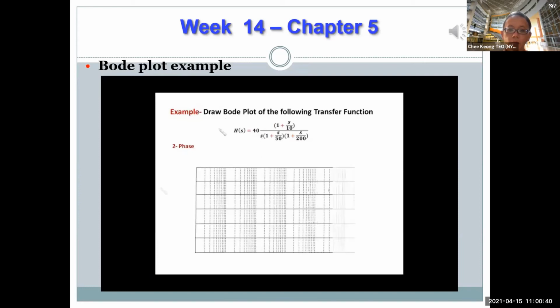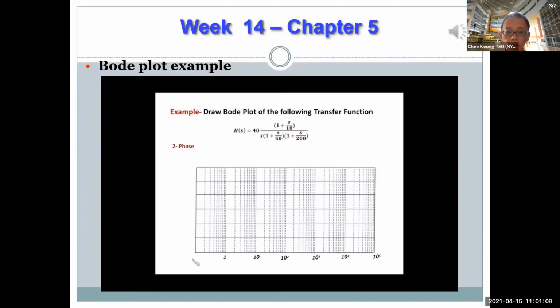Now, if we go to the semi-log scale, we already took care of the frequency range from the previous plot. We said that it will start at 1 because it should be a decade before the first corner frequency. The first corner frequency is located at 10. So a decade before that will be 1, then 10, 100, and so forth. Now, when it comes to the phase, we have to be careful, right?